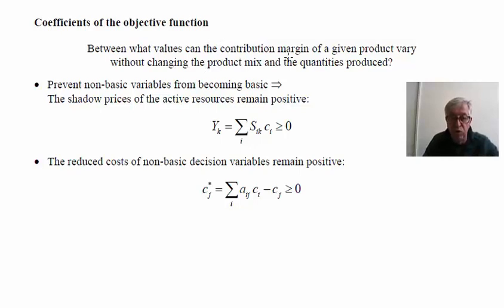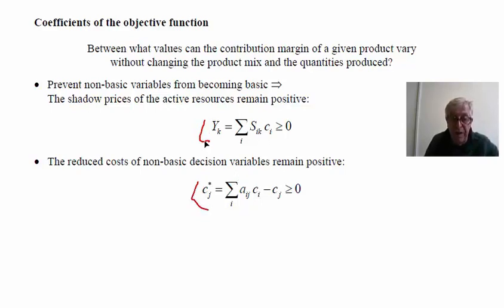So what we want to do is to evaluate the intervals of the contribution margins in which the base doesn't change. That is, the basic variables in the optimal set don't change. We saw that the contribution margins were involved in the definition of the shadow prices and also in the definition of the reduced costs.